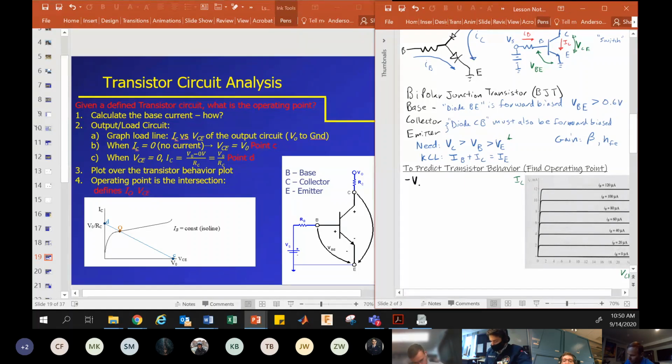We'll need VCE, and we'll need the base current. If we have VCE and we have the base current, we can figure out where we are on this plot, and we'll know the collector current. So step one is to calculate the base current.